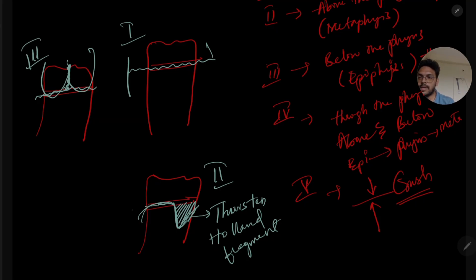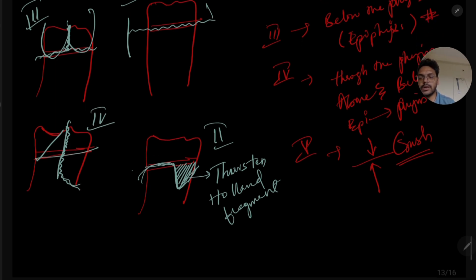It is type 3. Type 4 is, you can see the fracture is going through the epiphysis, the physis and the metaphysis. Okay, so this is type 4. You can remember and you can draw the number 4 on type 4 Salter-Harris.